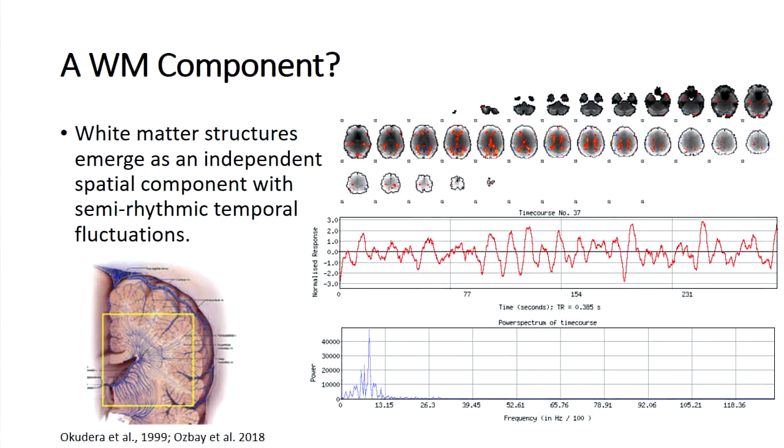Here you see single subject data that highlights a network within white matter that has a very rhythmic pattern of activity with a confined peak in low oscillatory regions that we also recognize to be important for resting state activity, particularly below 0.1 hertz. This is also supported by anatomy. We know that white matter structures have their own distinct vasculature support, and seeing this network pattern may be related to that aspect as well.